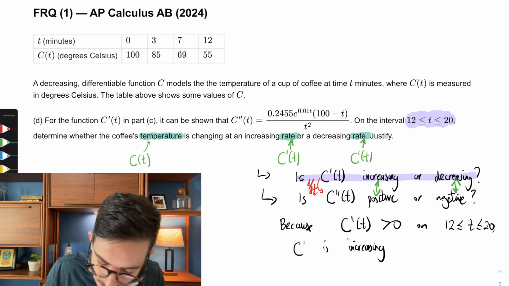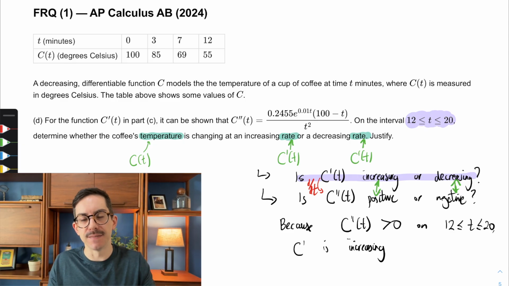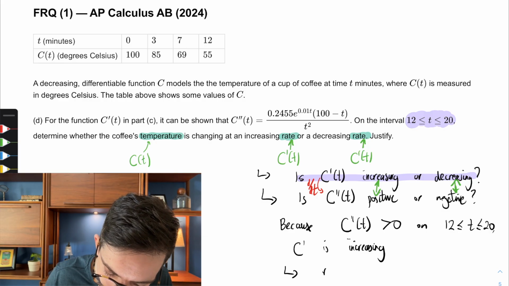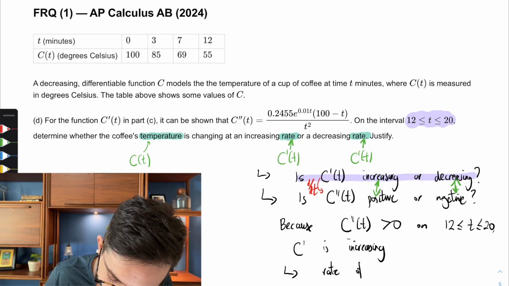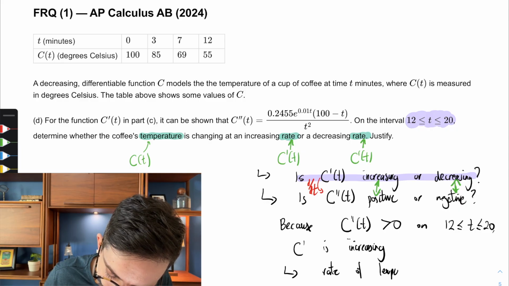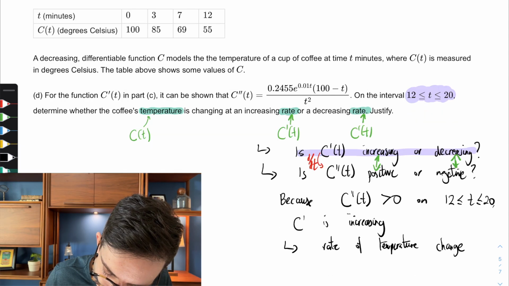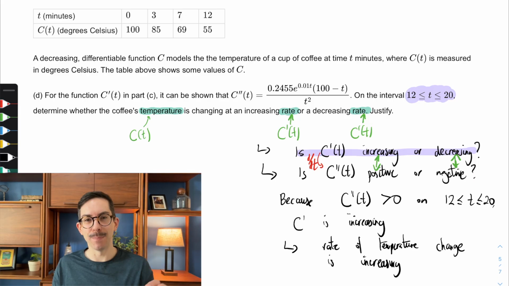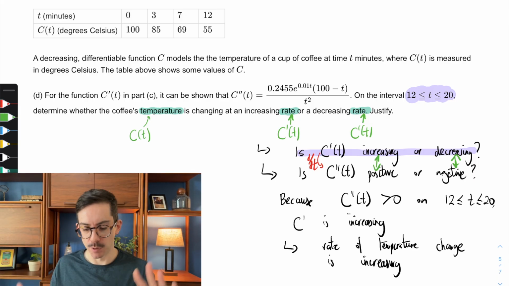In the context of the problem, this would be sufficient to get us the point, but what we're really saying is the rate of temperature change is increasing, just to translate it back into the language of the problem.